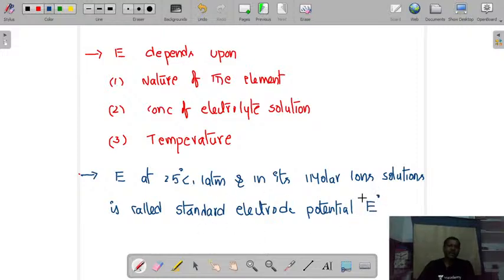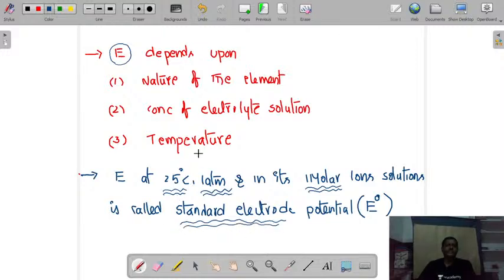So under normal conditions, charge difference is called electrode potential. Under characteristic temperature, characteristic pressure, and characteristic concentration, electrode potential is called standard electrode potential.